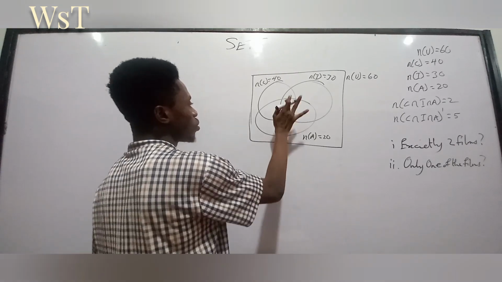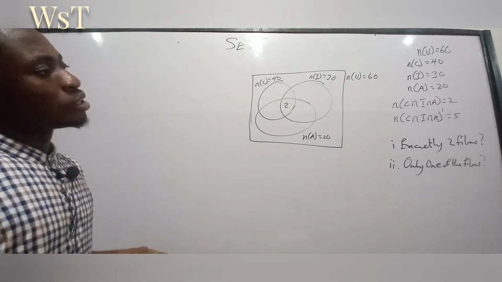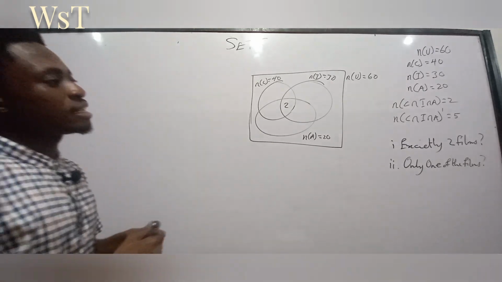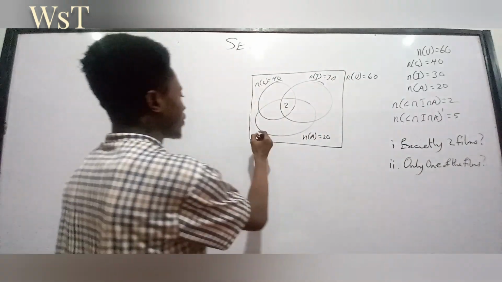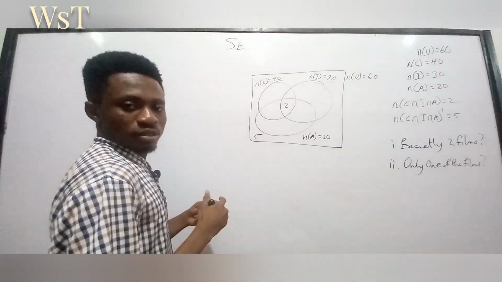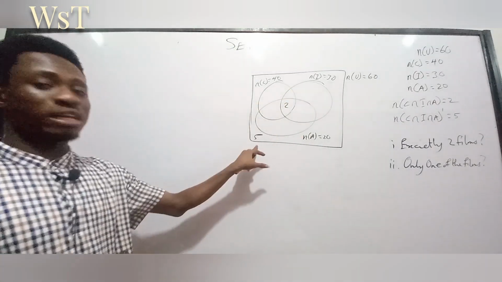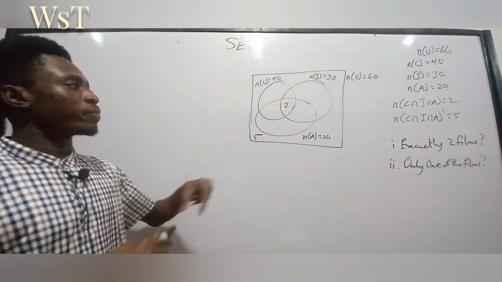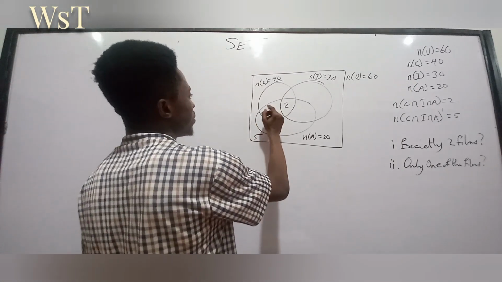They said the number of people that didn't like any of them is 5. They are outside the circles, but they are in the Venn diagram.